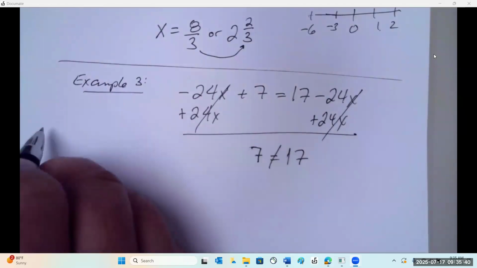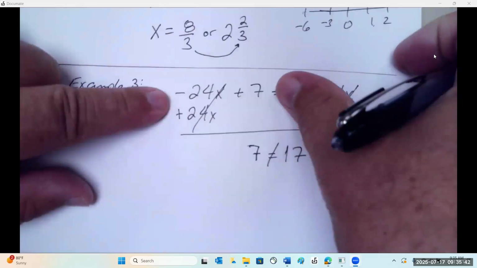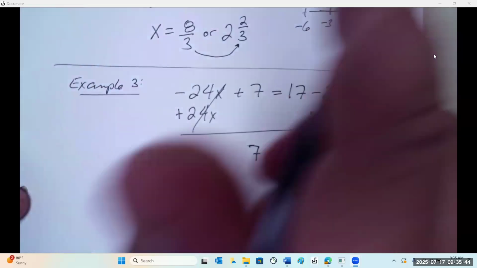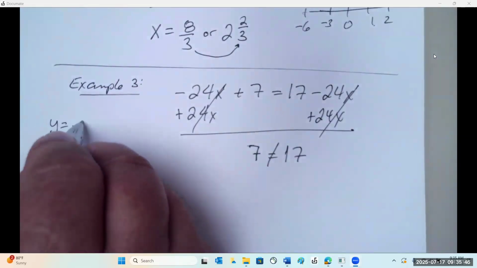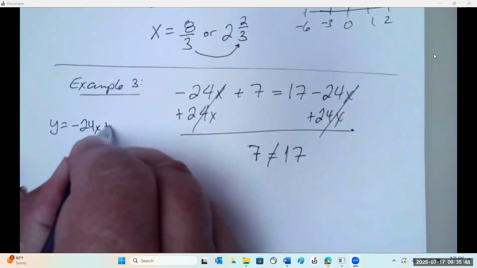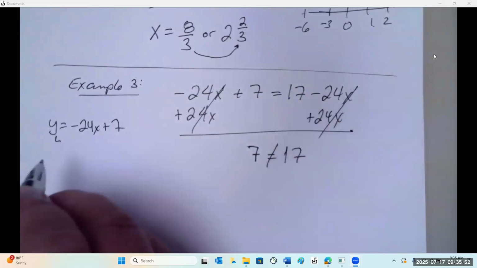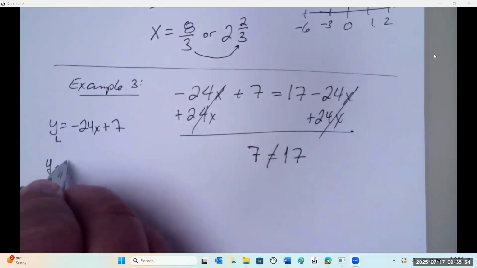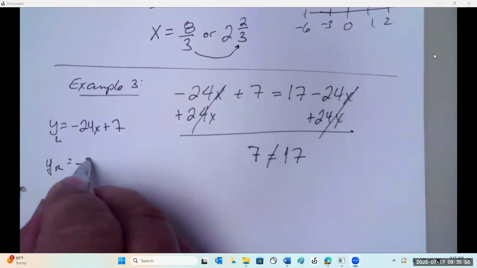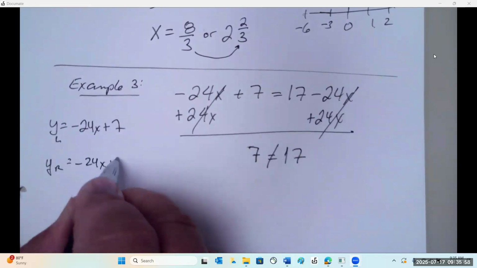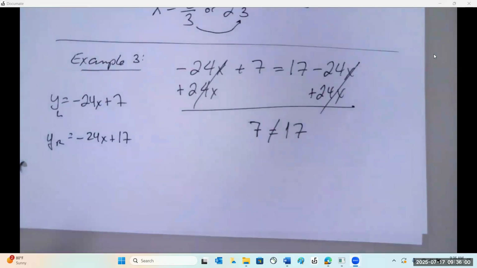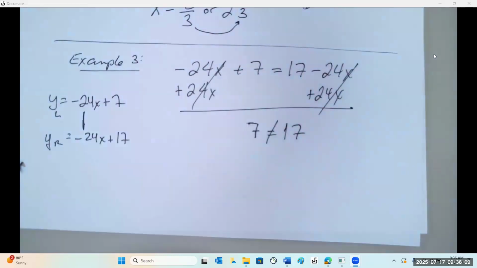If we look at these two lines, since the x's are on both sides, we have negative 24x plus 7. That's the left side. On the right-hand side, we have negative 24x plus 17. So what kind of lines are they? What do you notice about them? They have the same slope.